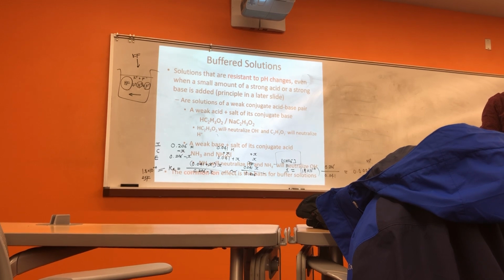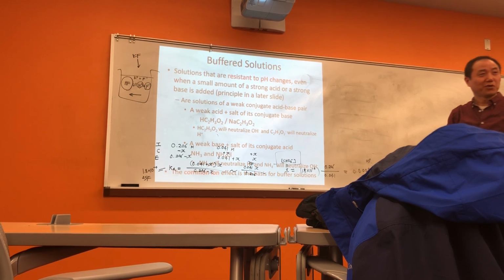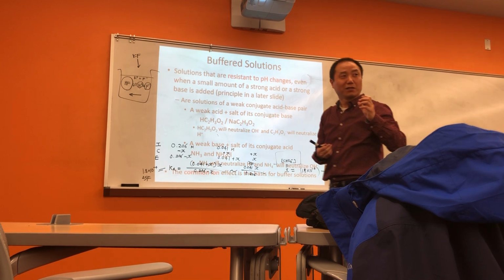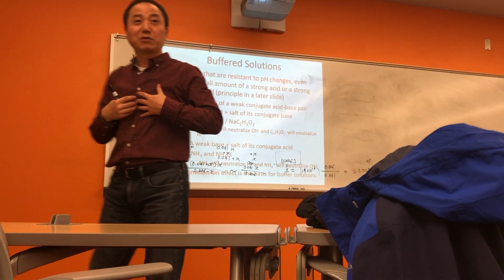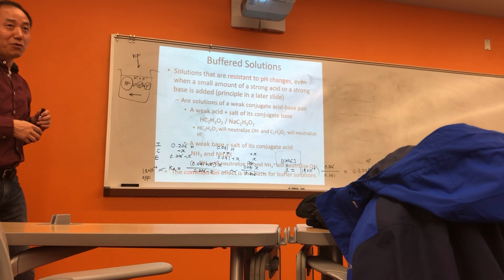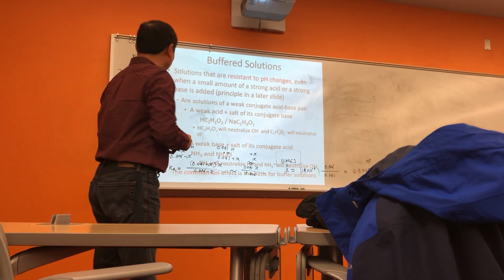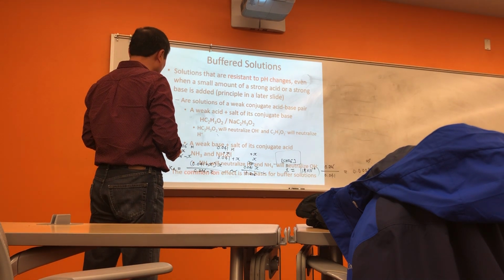Let's say you just drink some Coke, now your pH would change a lot. But fortunately, our body system is a buffer system, so if you drink Coke, you have no problem. Well, Coke isn't that much acidic, but it's acidic.